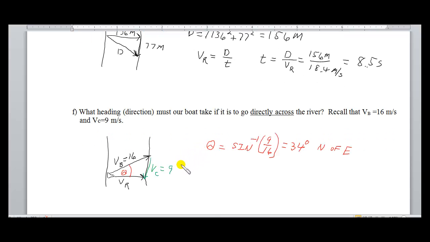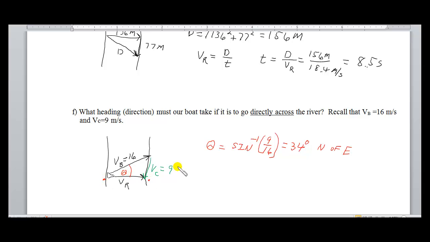So here's our solution. If we want to go directly across the river, we're talking about going from this point right here to this point right here. But we know we have to point our boat upstream because the current is going to try to drag the boat downstream. So we need to find this angle right here. That is the direction that our boat has to travel in order to go from here to here.